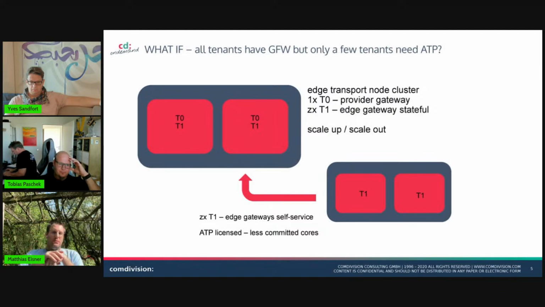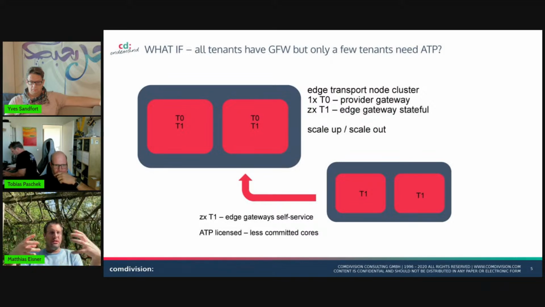So we could have an edge transport node cluster hosting the provider gateway, set T1s. In the new example, they're all stateful. So the cluster is licensed with gateway firewall.